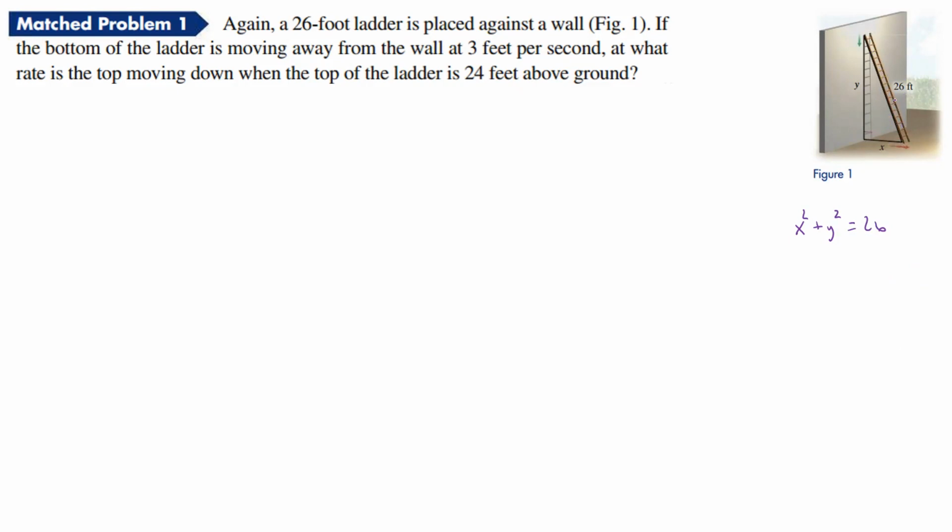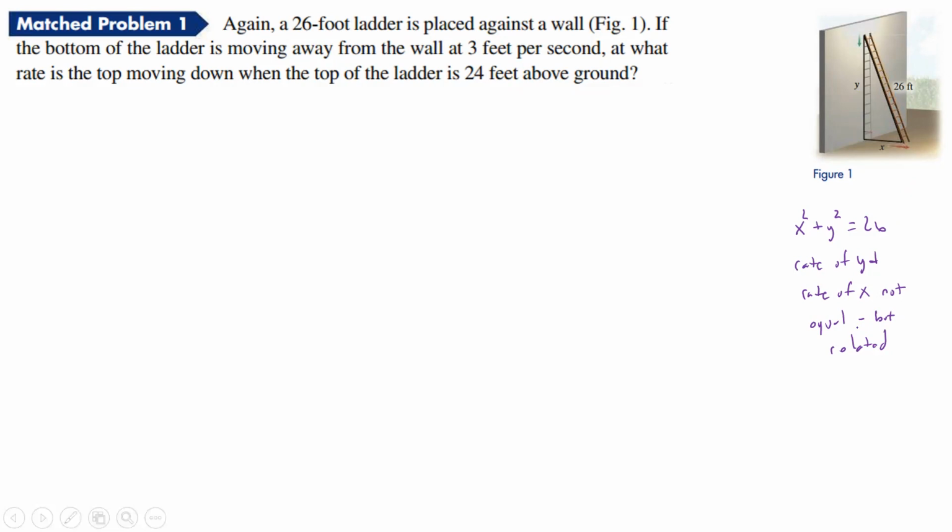Now, the rate of x and y, the rate going out and the rate coming down, the rate of y and the rate of x, they're not equal, but they are related. Hence, what we're talking about in this section is related rates.